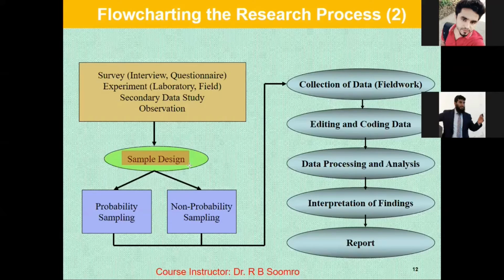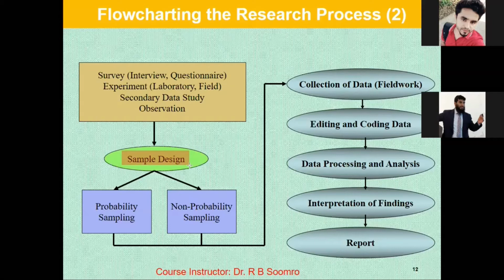For example, if we want to research the impact of COVID-19 on small businesses in Sukkur, all the small businesses available in Sukkur are our population, and from that we have to take a sample. It is not possible to cover the whole population because of limitations like budget and time, so we take a few people out of the whole population.